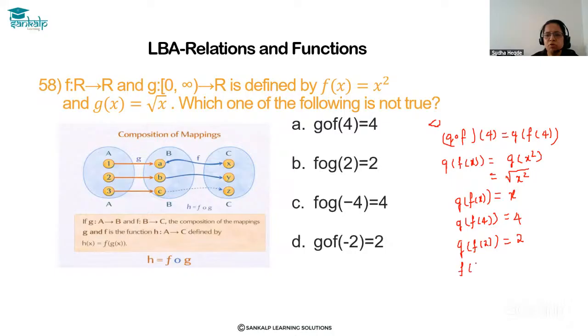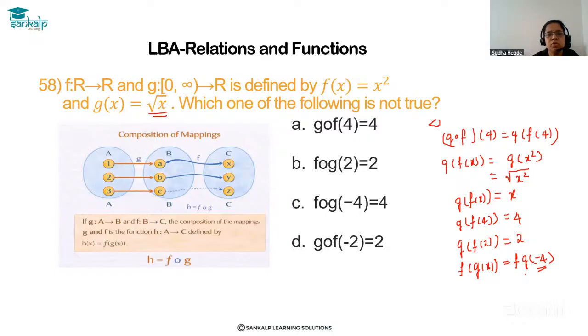f of g of minus 4. How do you find? Can g be negative? You cannot substitute negative here, because g is root x.